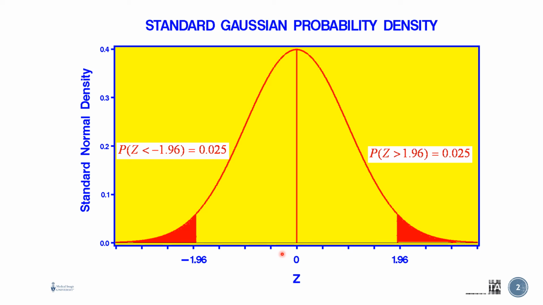The difference, which is 5%, is split over two tails, on the left tail and on the right tail. And this is important because this will represent the 5% or 0.05 significance.